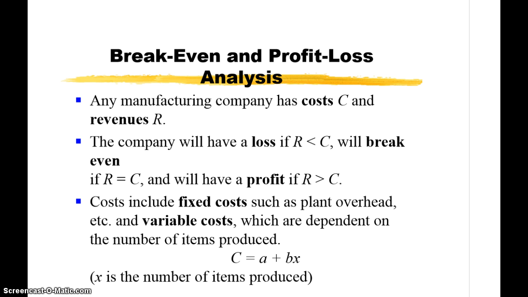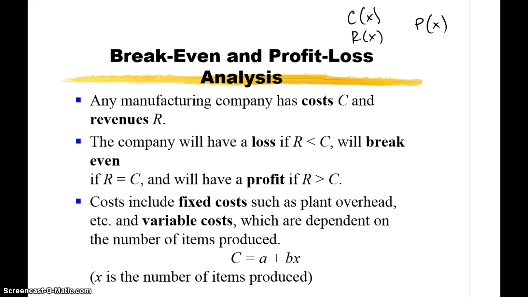Okay, let's take a look now at break-even and profit-loss analysis. The goal of this class is to really essentially understand when a business makes profit and when it cuts its losses, right? And every business's goal is to always maximize profit and cut losses. So let's start with the three main functions: cost, revenue, and profit.